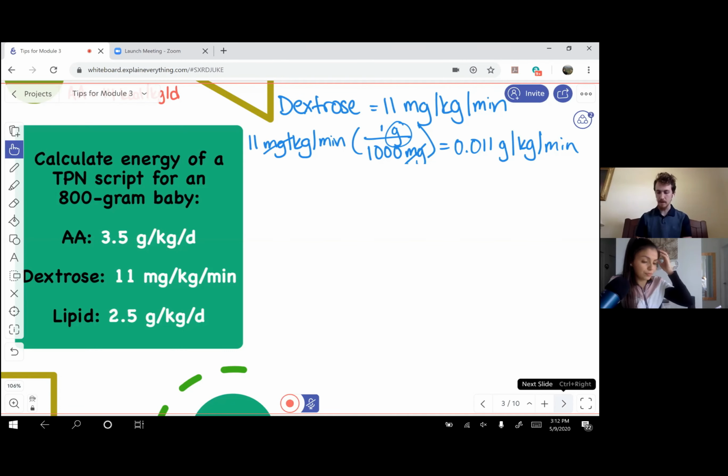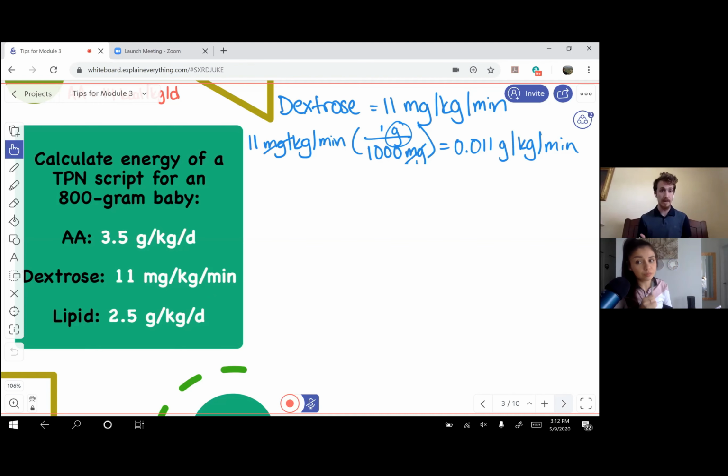Now that we have this value, we want to convert the minutes to days because our final answer is going to be in calories per kilogram per day. So let's go ahead and do that. Before we do those calculations, we need to figure out how long this TPN script is going to be running.